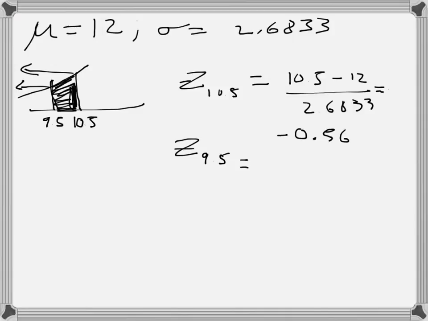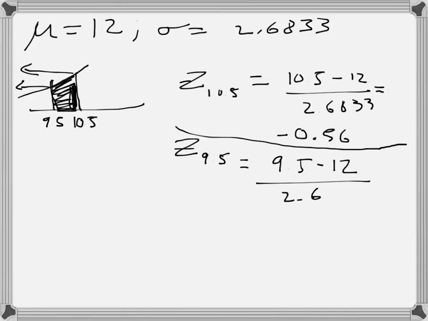And a z of 9.5 is 9.5 minus 12 over 2.6833. That gives me a z of negative 0.93.